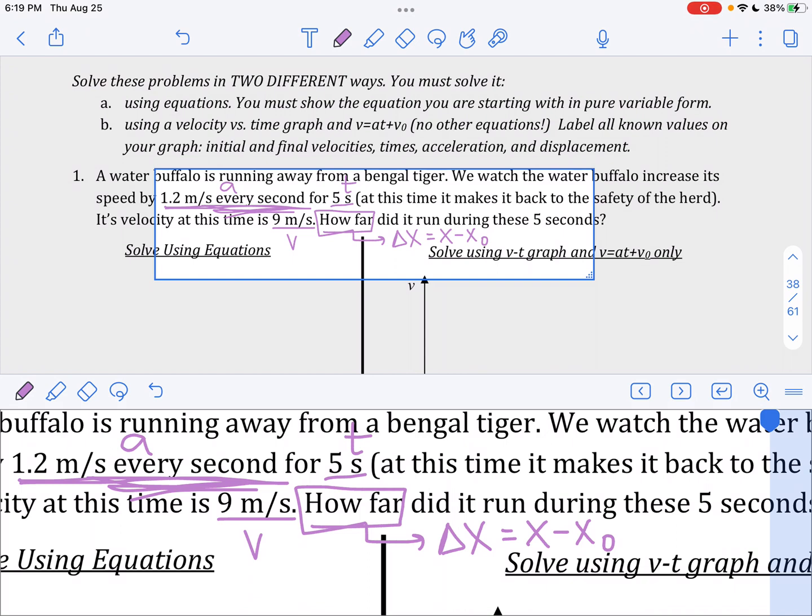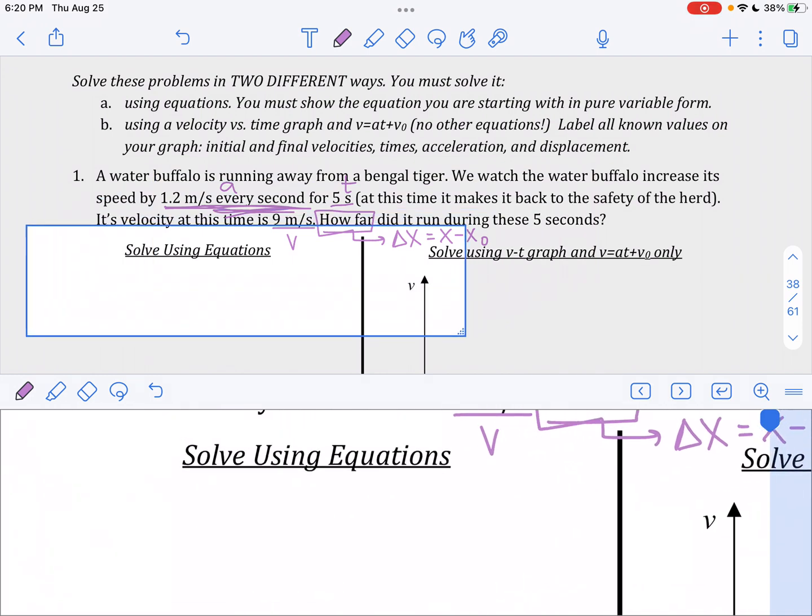Okay, so I want an equation that has all 4 of those variables in it, a, t, v, and delta x. But unfortunately, I don't have one with just those 4. I have ones with lots of variables. So I'm going to start with the equation that has what I'm looking for in it.